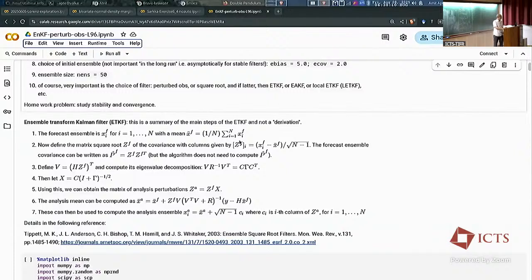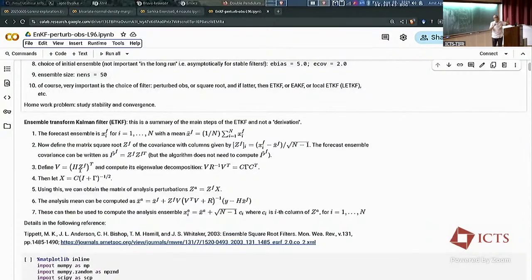And this is what I mentioned here. So P hat is Z_F Z_F transpose. The steps written here involve some algebra that I'm not going to go through, but simply define V to be HZ, and then do an eigenvalue decomposition of a matrix which is low dimensional, because Z, let's say, is 10 million cross 100.